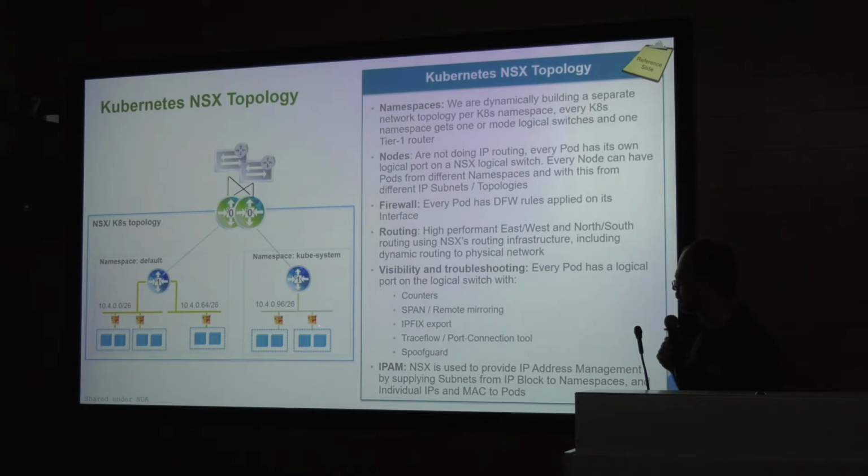You will see this much better with more details. For each pod, we add an implementation of distributed firewall. And there is information related to visibility and troubleshooting, such as the possibility to perform trace flow or path or port connection, to see how the traffic flows exactly via the entire networking infrastructure from one pod to another pod.